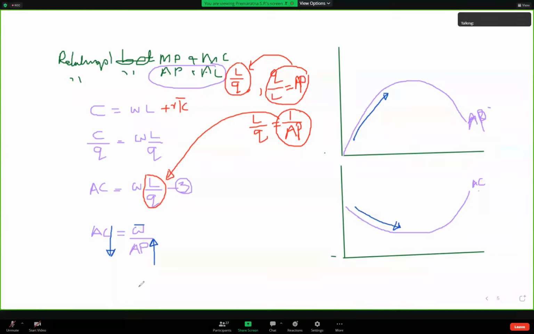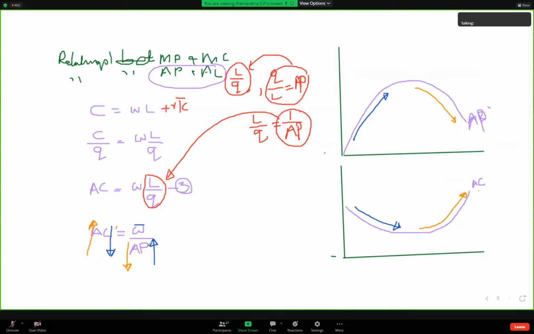The opposite, if average product decreases, to satisfy this equality, average cost must increase. So we are talking about this range here.